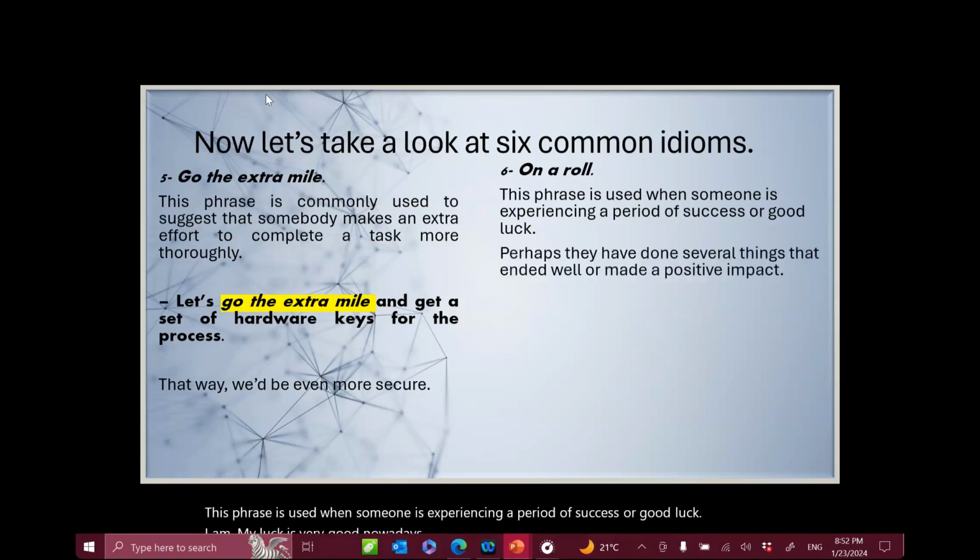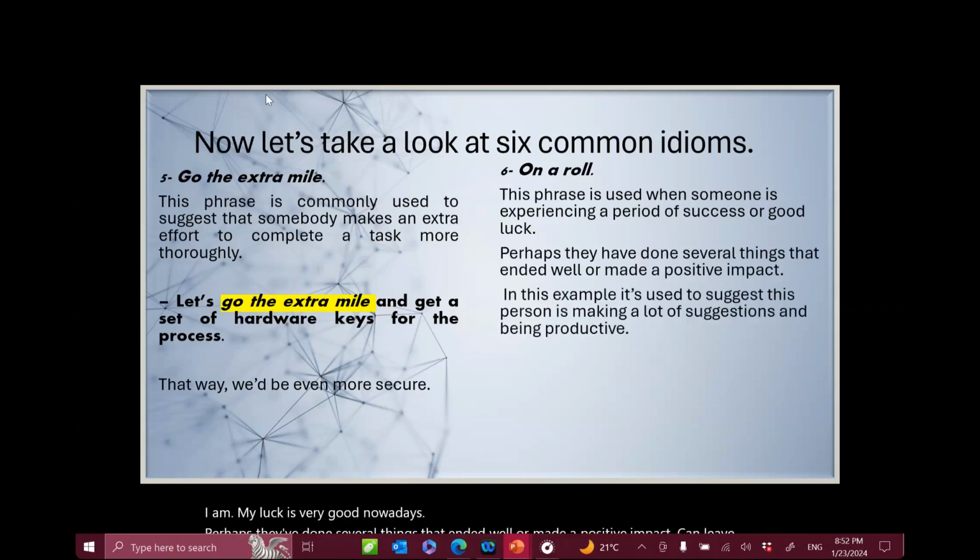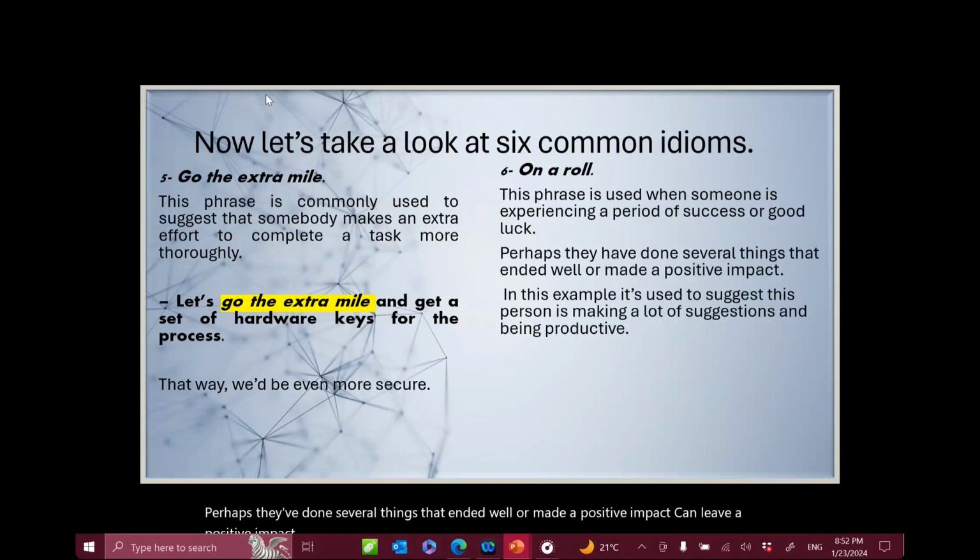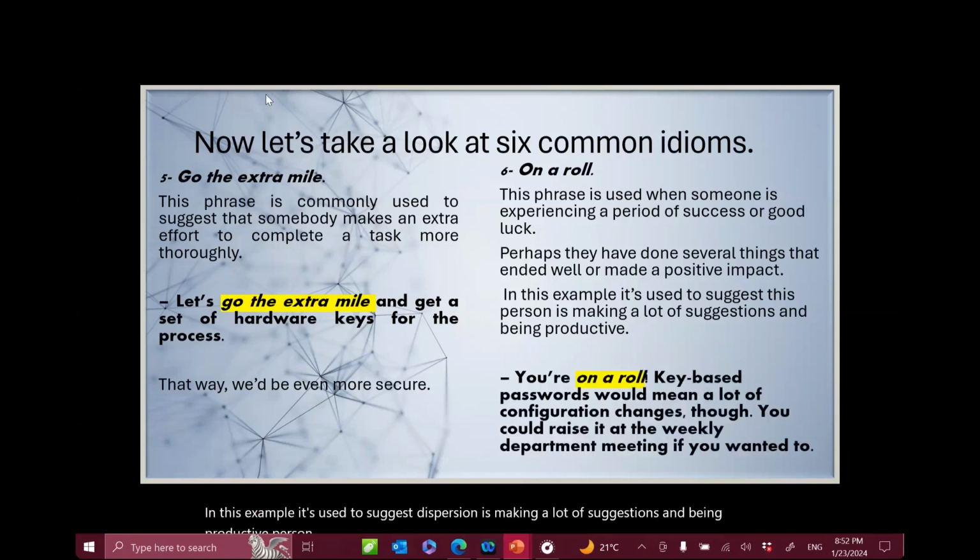Perhaps they have done several things that ended well or made a positive impact. كان ليها positive impact. In this example, it's used to suggest this person is making a lot of suggestions and being a productive person, okay? So the example says, you are on a roll. Key-based passwords would mean a lot of configuration changes, though you could raise it at the weekly department meeting if you wanted to.